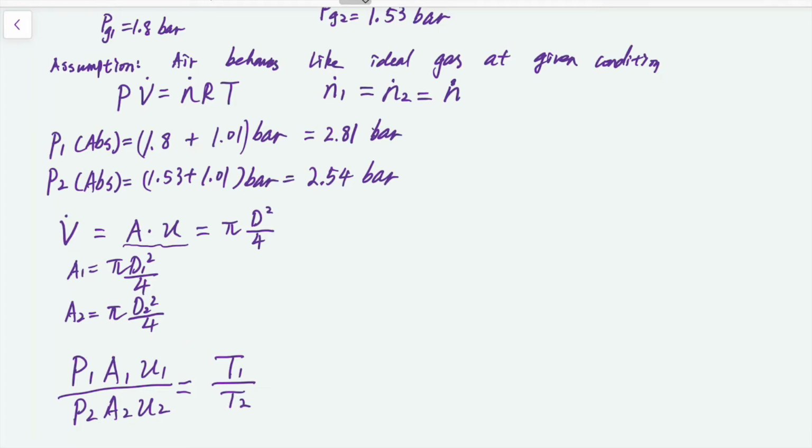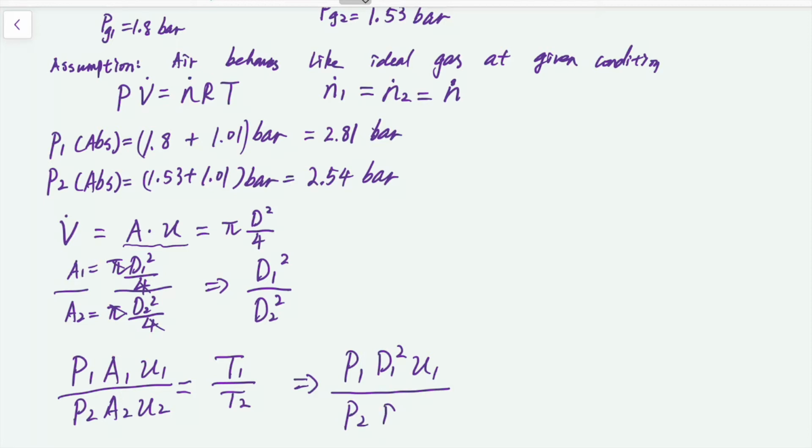And because we know A is pi times d squared divided by 4, therefore A1 to A2, we can cancel all the constants, then we get d1 squared over d2 squared. Therefore the equation can be further converted to P1 d1 squared U1 divided by P2 d2 squared U2 is equal to T1 over T2.